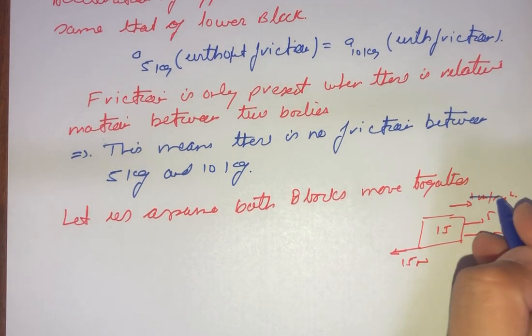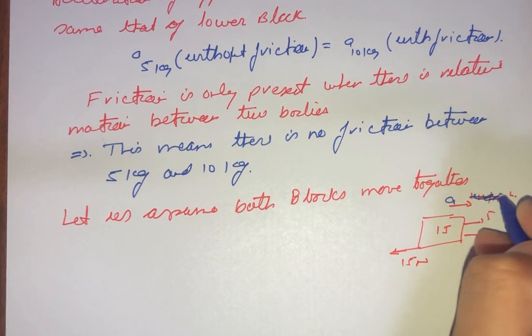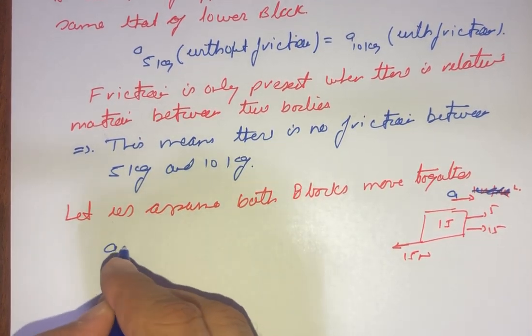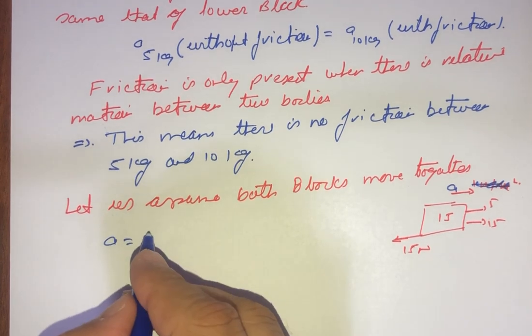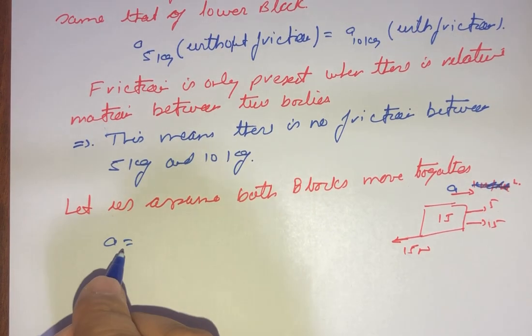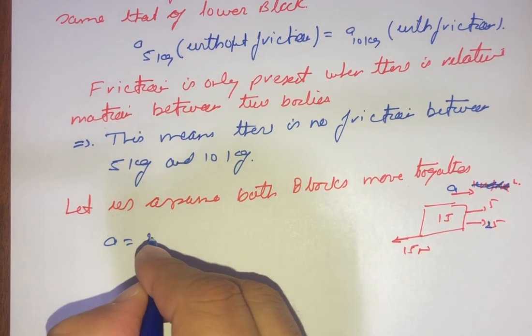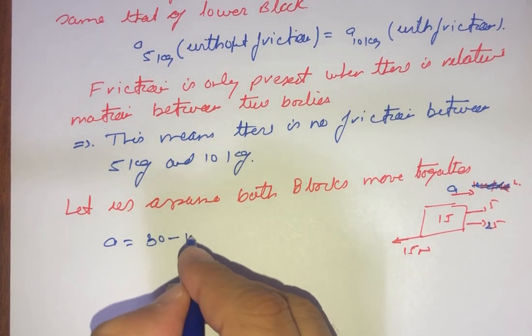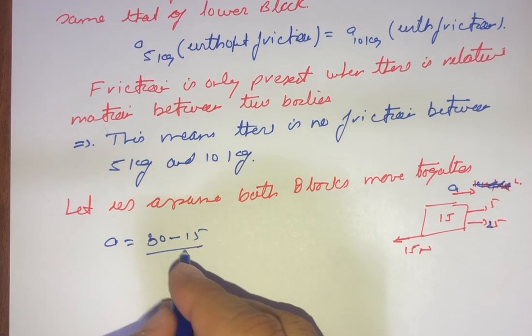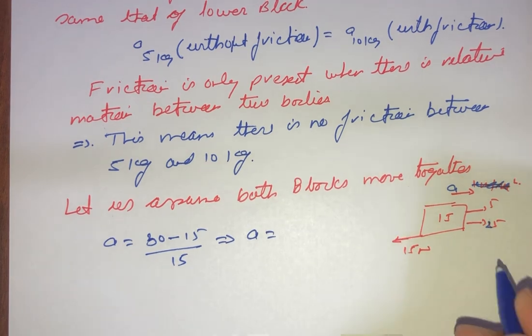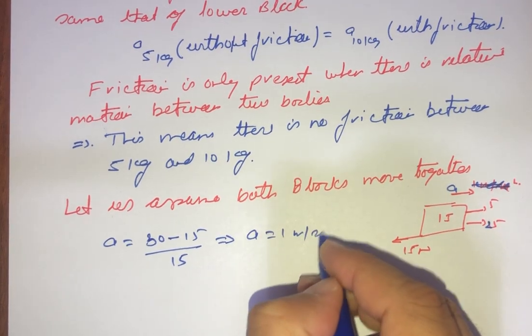Sorry, we have to find out A, my mistake. So A will be equal to 30 minus 15 divided by 15. So A will be coming as 1 meter per second square.